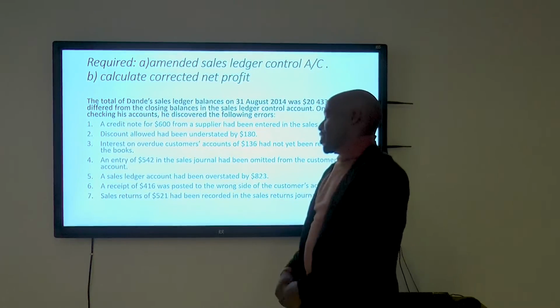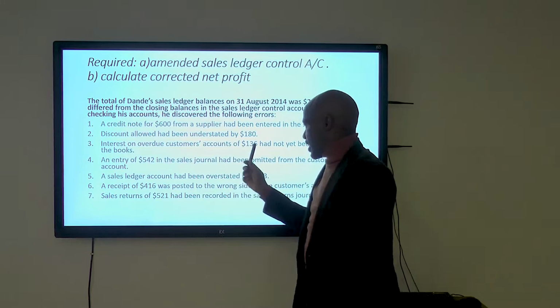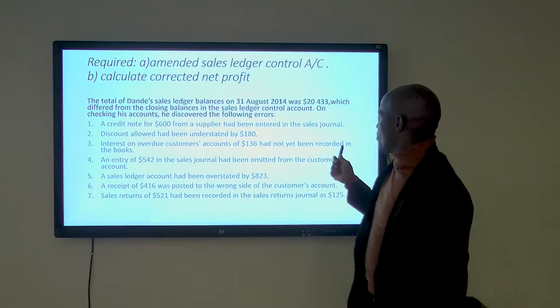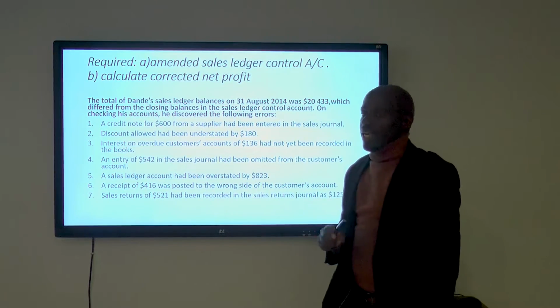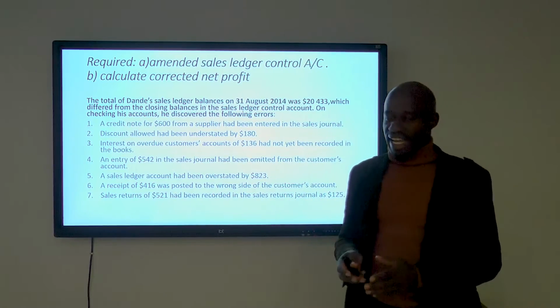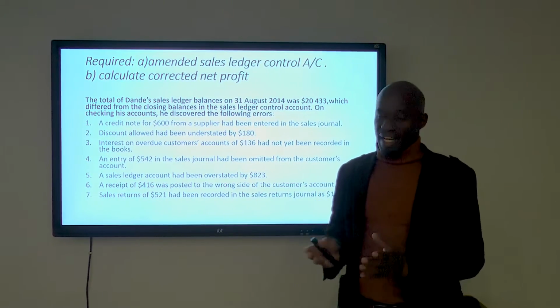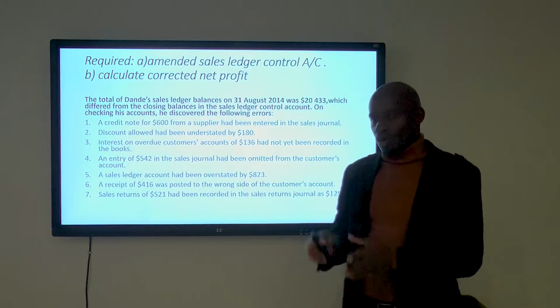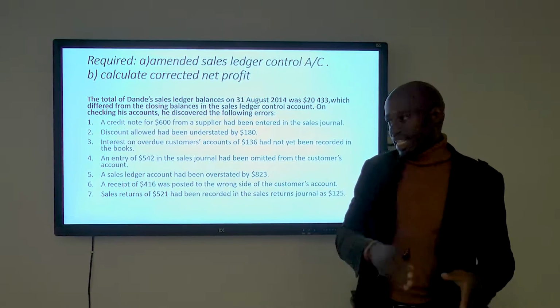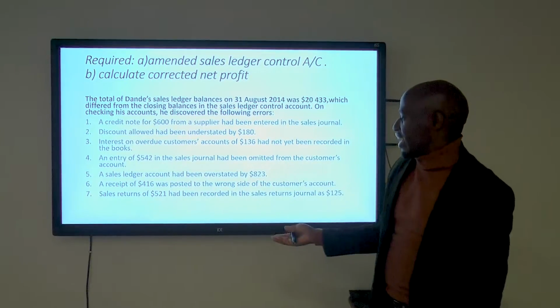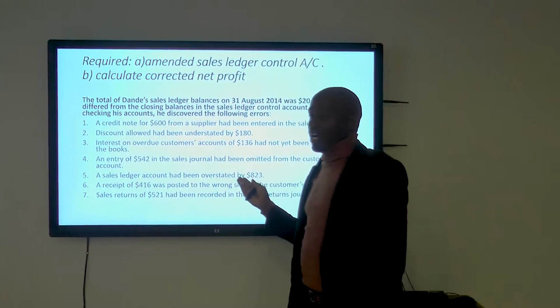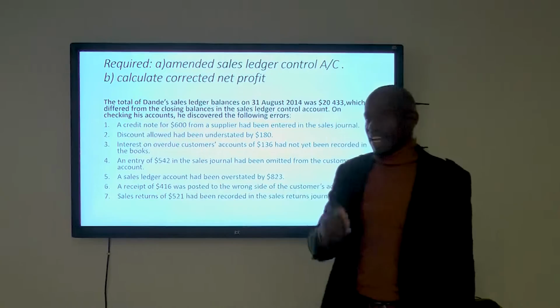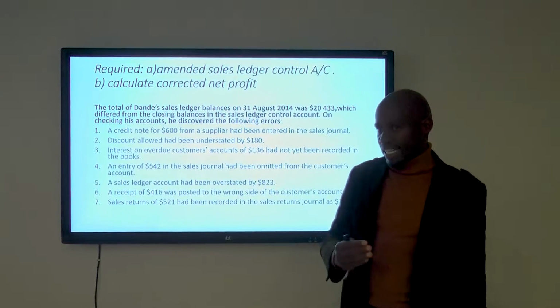Right. Error number 3. Interest on overdue customers' accounts of 136 had not yet been recorded in the books. This is an error which occurred in the books of primary entry. An error of omission affects both the control account and the personal account. What was the error? It's interest on overdue customer accounts. So how does it affect the sales ledger balances?